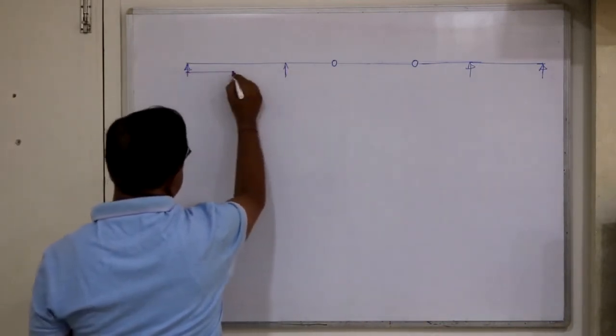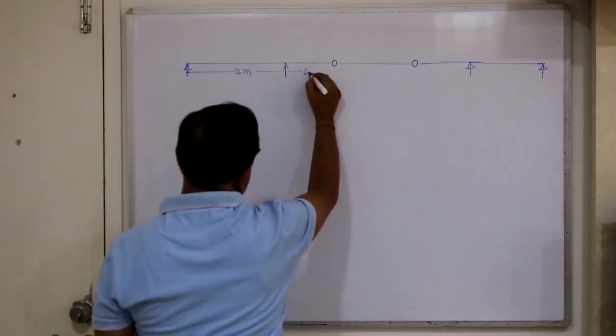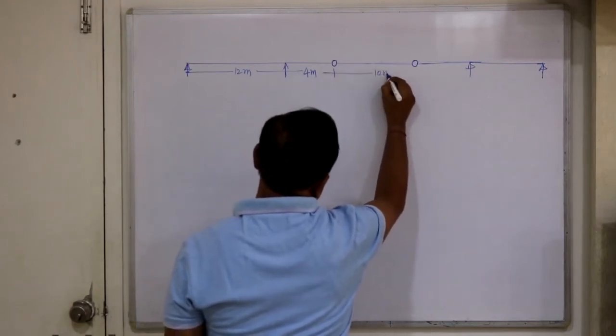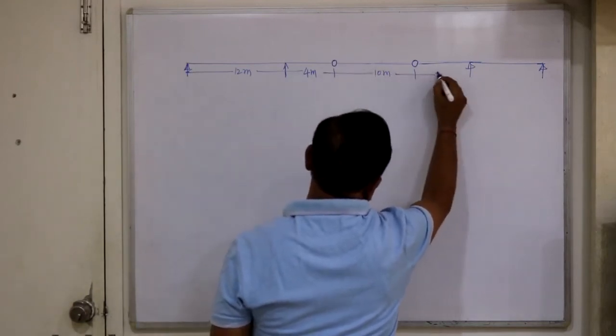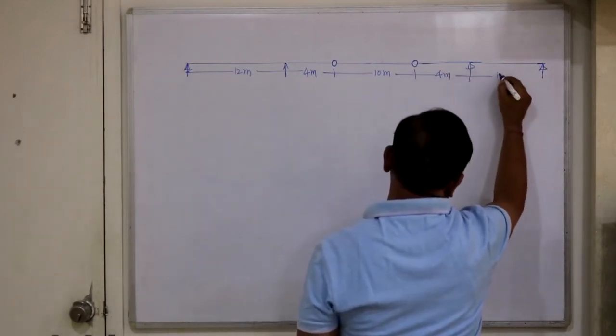Say this is 12 meter, say this is 4 meter, say this is 10 meter, 4 meter, and this is 12 meter.